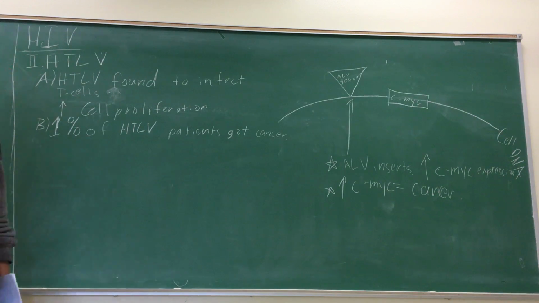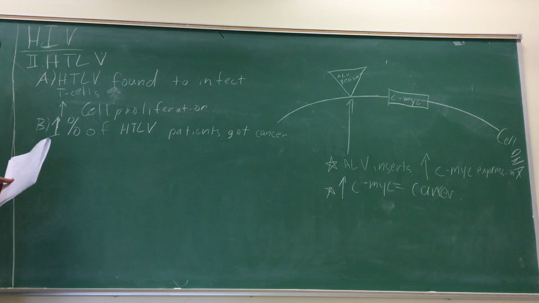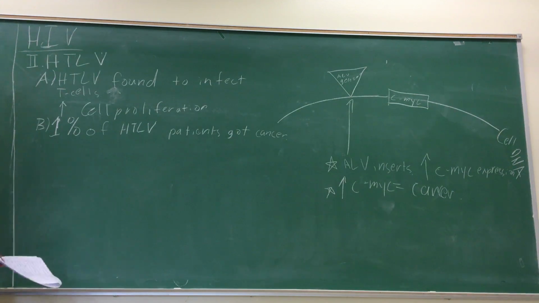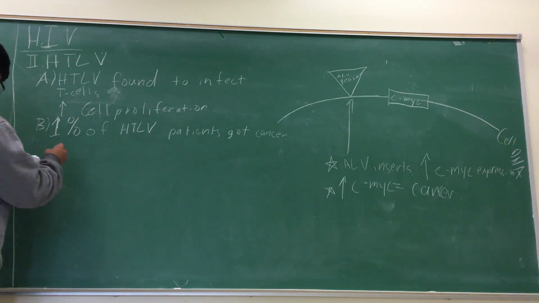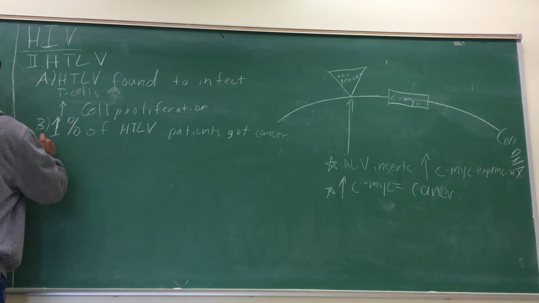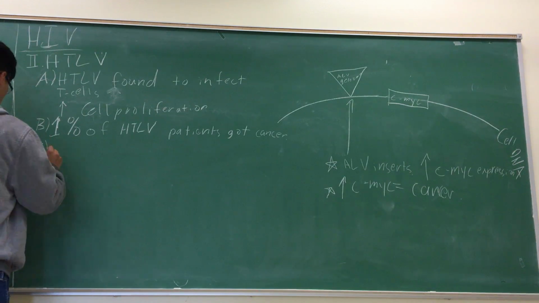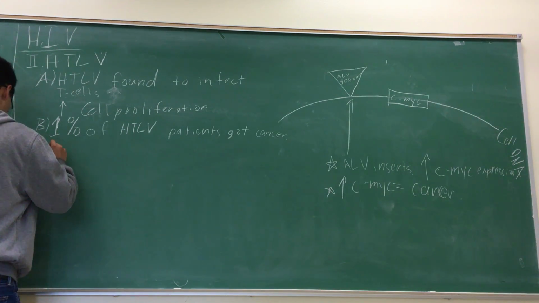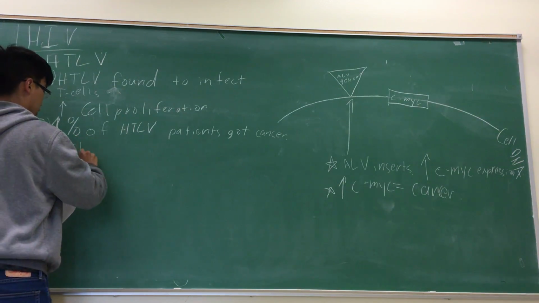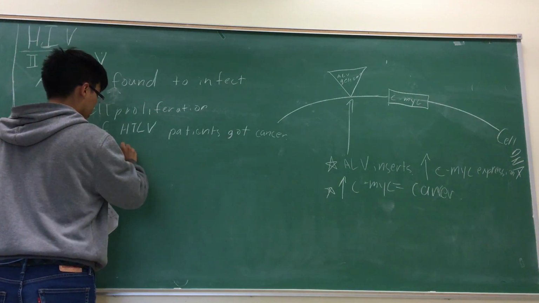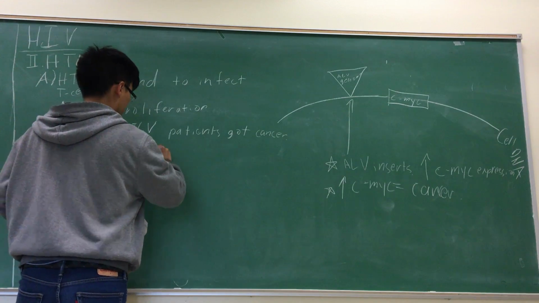They were studying humans, and then they saw, oh dang, there's a human analog to ALV. There are multiple types of HTLV. HTLV3 was discovered next.